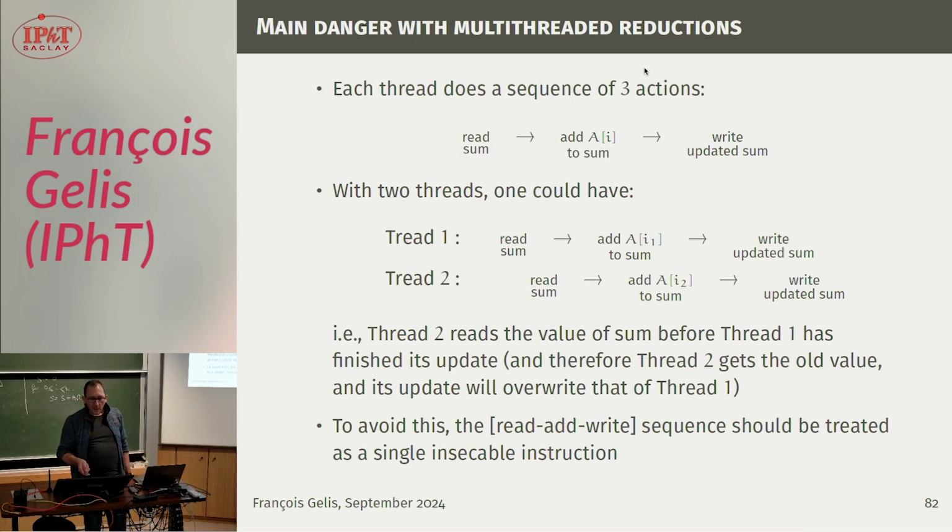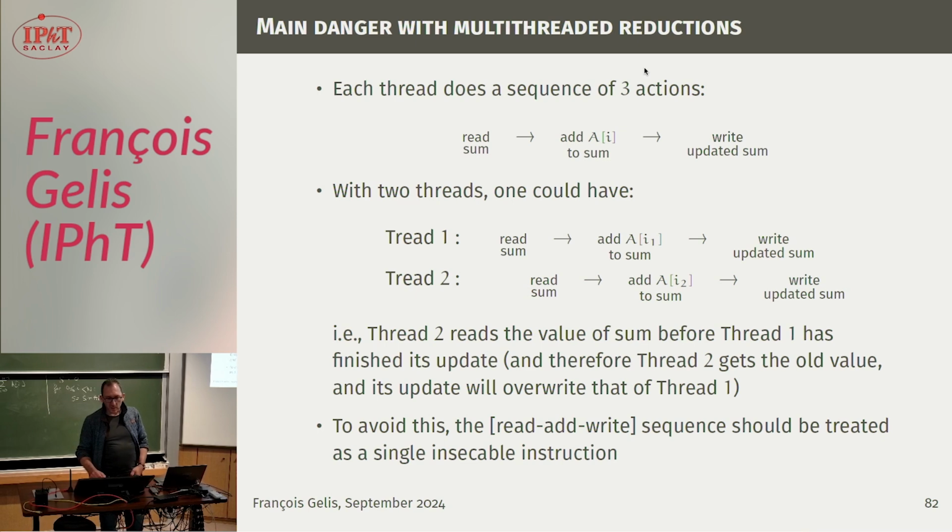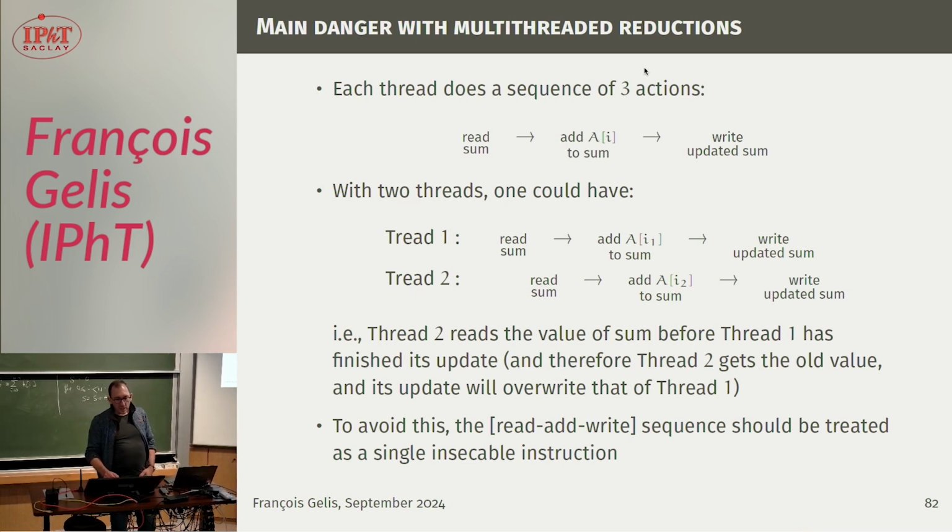Now, suppose you have 2 threads, thread 1 and thread 2, which both try to participate in the calculation of this sum. Thread 1 pulls the current value of the sum from main memory, copies it locally, adds A_i1, and then will write the updated sum back to the main memory. Thread 2 wants to do the same thing, but let's assume that they slightly overlap in time. The horizontal axis in this picture is time.